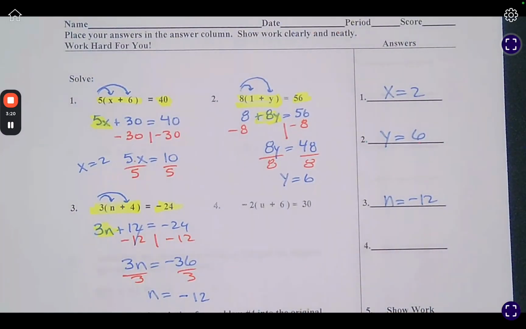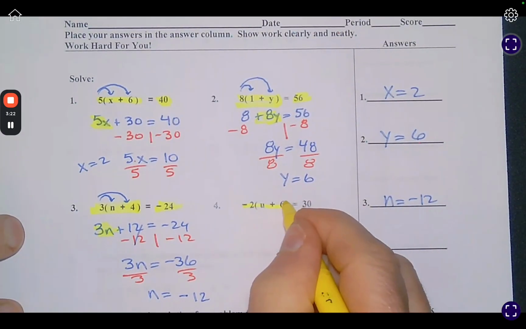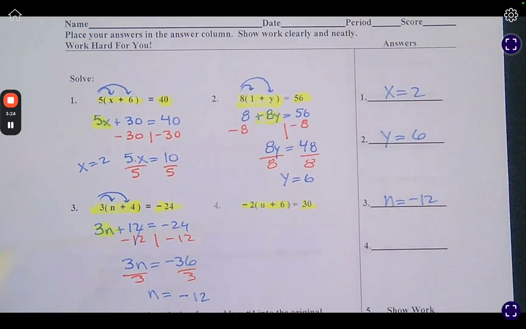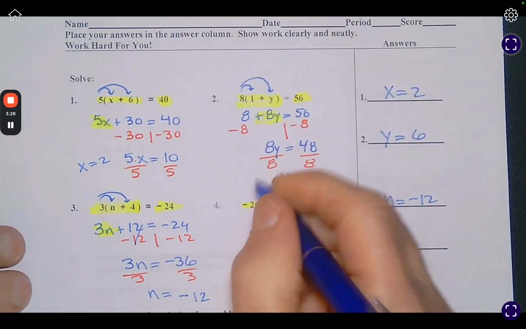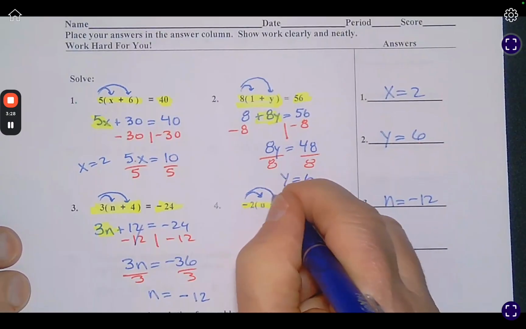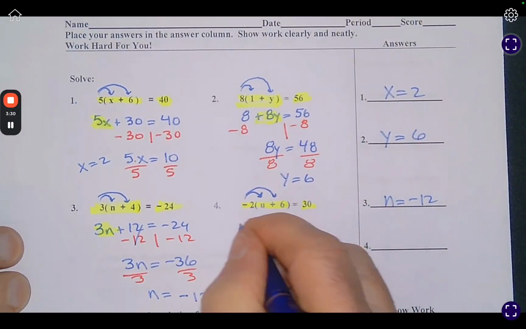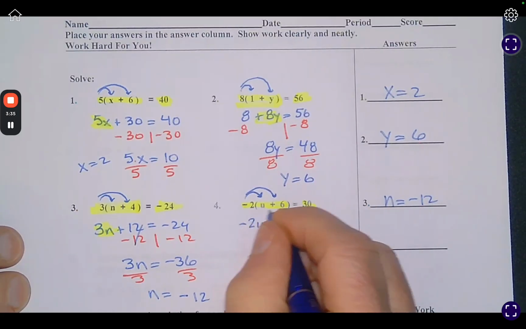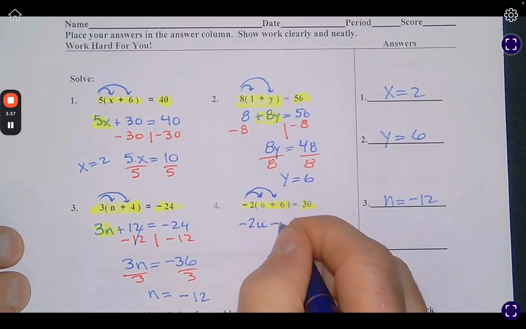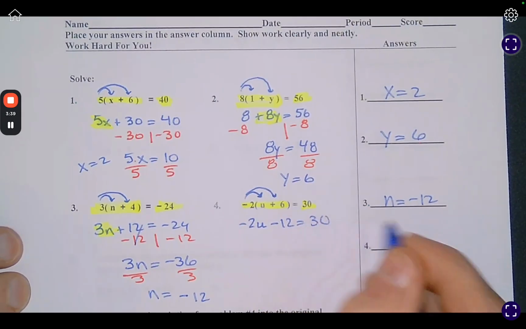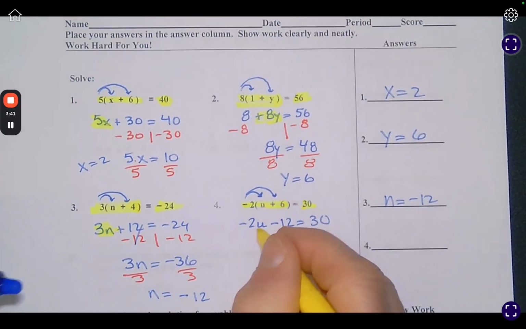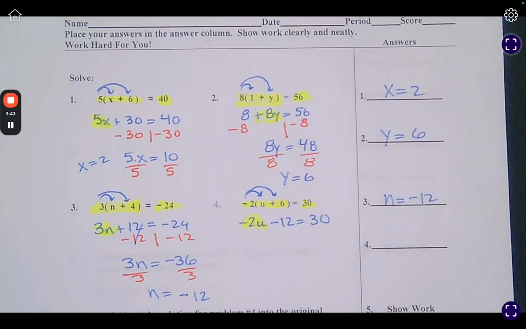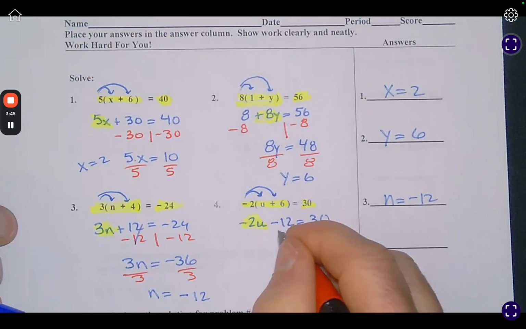All right, all right. Look at your left-hand side. Look at your right-hand side. Simplify whatever you can. Distribution. Negative 2 times u is negative 2u. Negative times a positive is a negative. 2 times 6 is 12. All right, isolate that variable term. Add 12 and add 12.